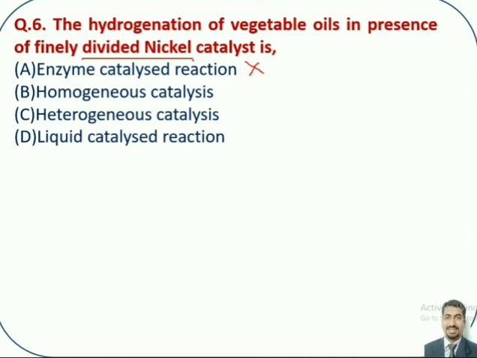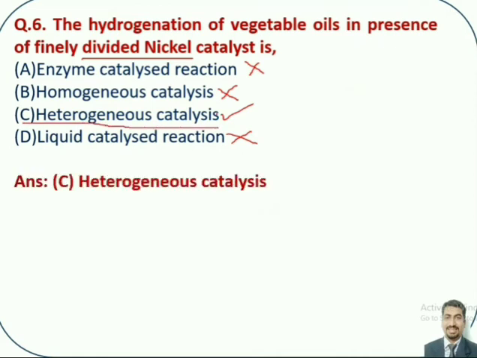So finely powdered nickel means it is not homogeneous. Gas phase in contact with solid phase here. So definitely it is a heterogeneous process. It's not a liquid catalyzed reaction. The answer is C. Heterogeneous catalysis.